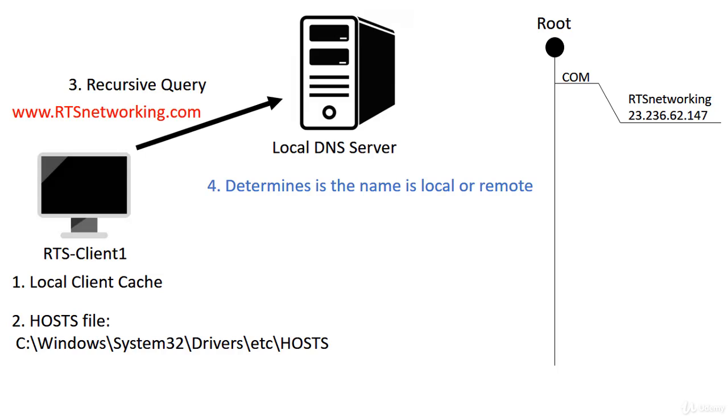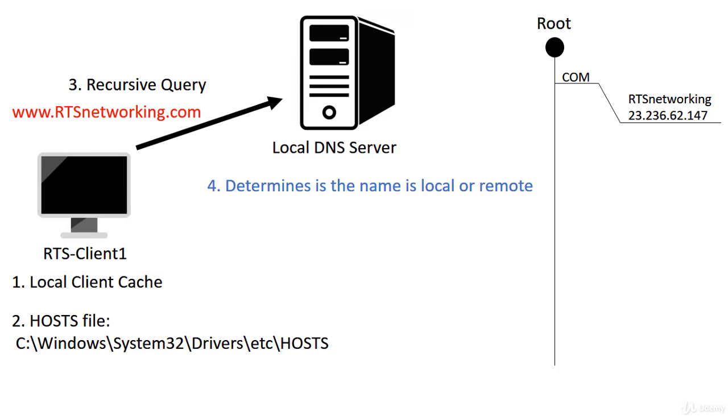If my domain is named fabricam.com, if I'm trying to resolve a file server or a web server in my domain, then my local DNS server actually holds that record. If I am trying to resolve anything outside of fabricam.com, any website on the internet, for example, my DNS server does not hold those records, and it has to query other DNS servers to have that resolved. So in our example, this is a remote name.